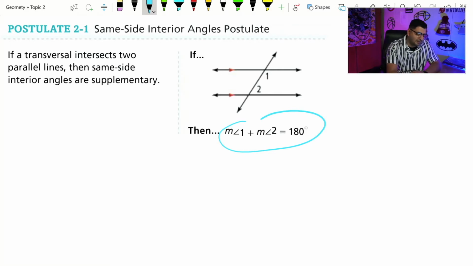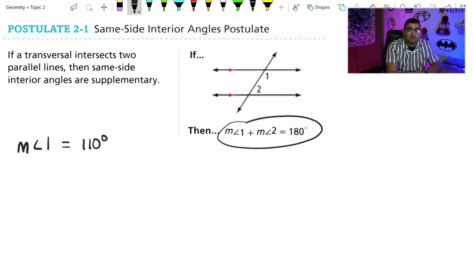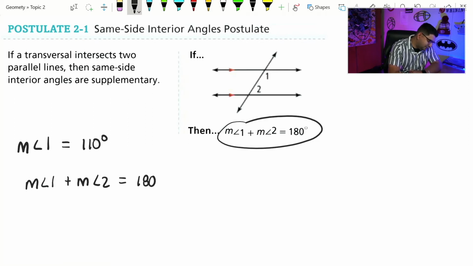So for example, let's say I'm given that the measurement of angle 1, which would be this angle right here, is equal to 110 degrees. Then I would be able to use the Same-Side Interior Angles Postulate and write this equation: the measurement of angle 1 plus the measurement of angle 2 is equal to 180 degrees.